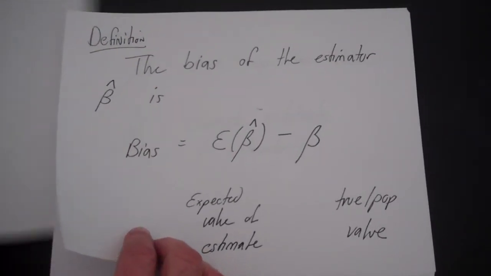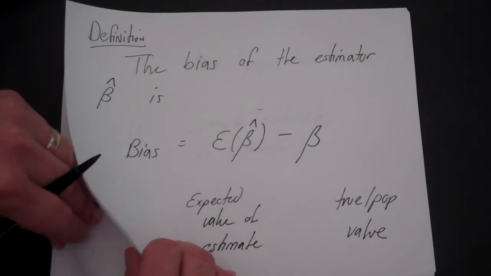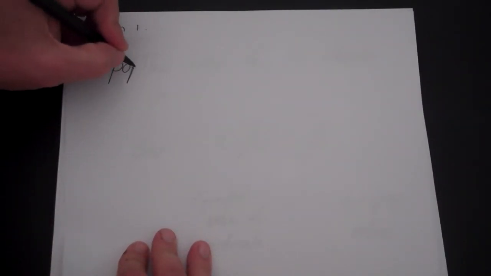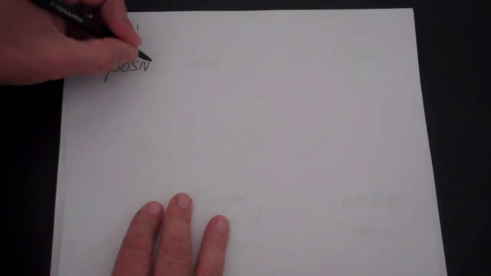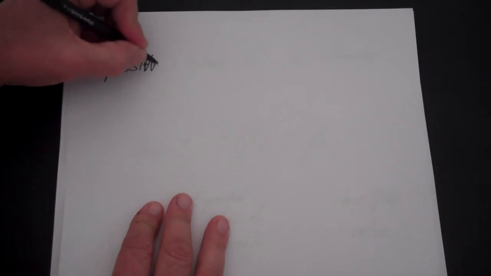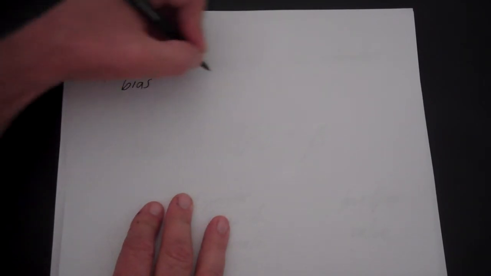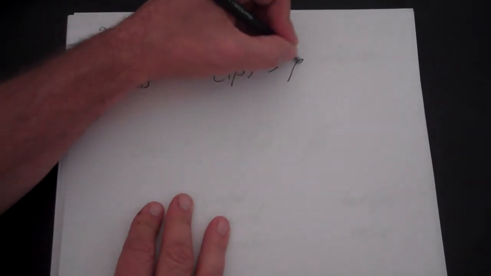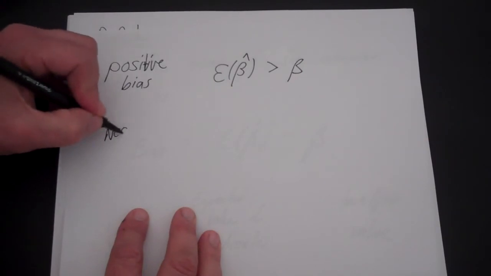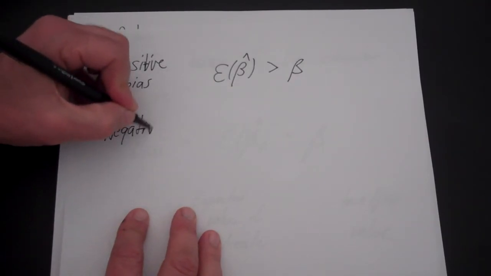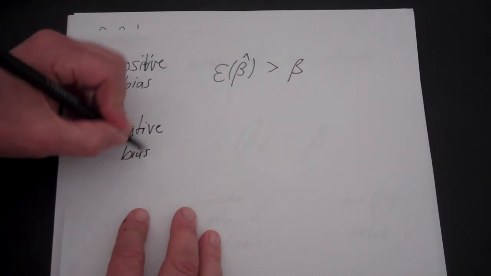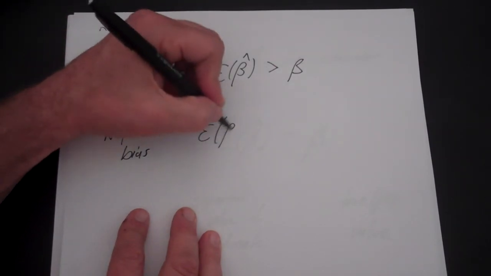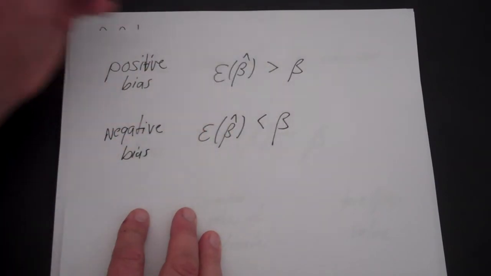And we have some pretty commonsensical follow-up definitions. We say something has a positive bias if the expected value of beta hat is greater than beta, and we say something has a negative bias if the expected value of beta hat is less than beta.